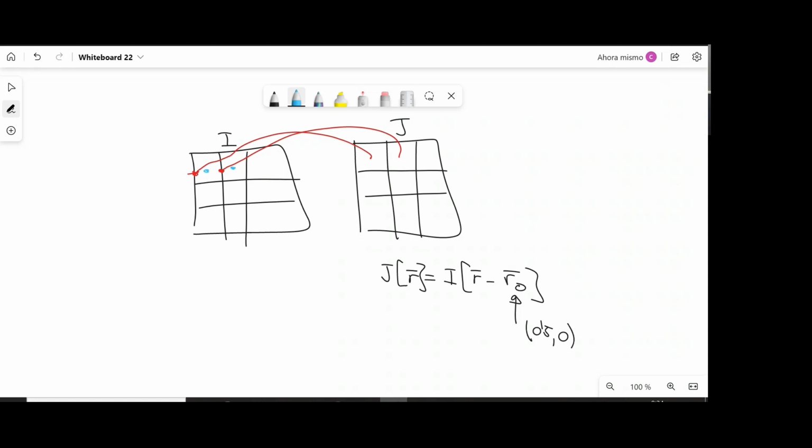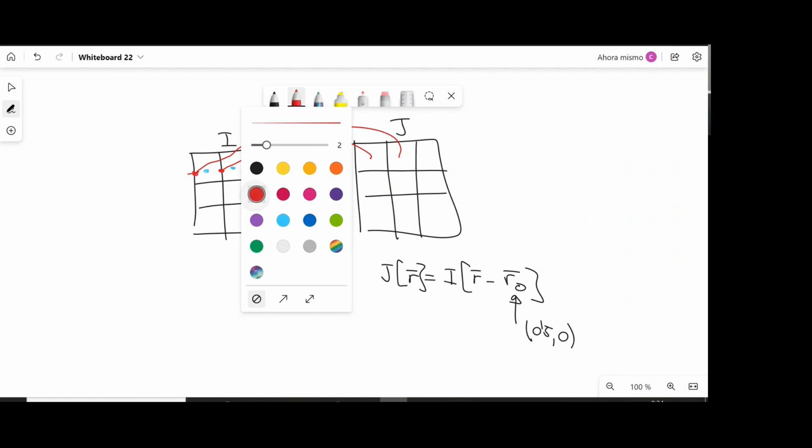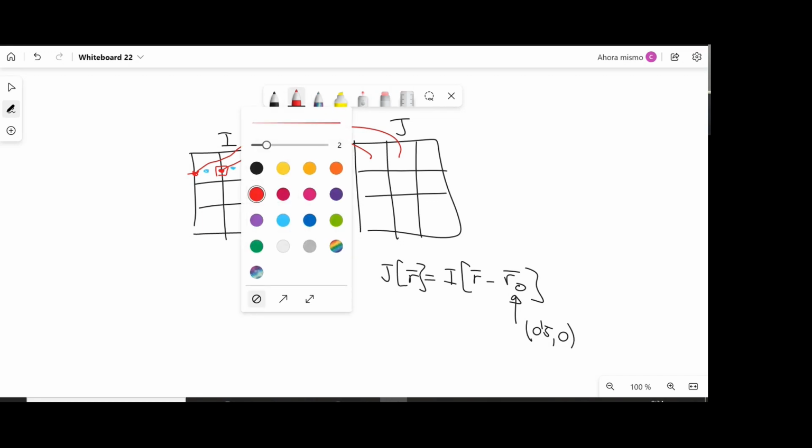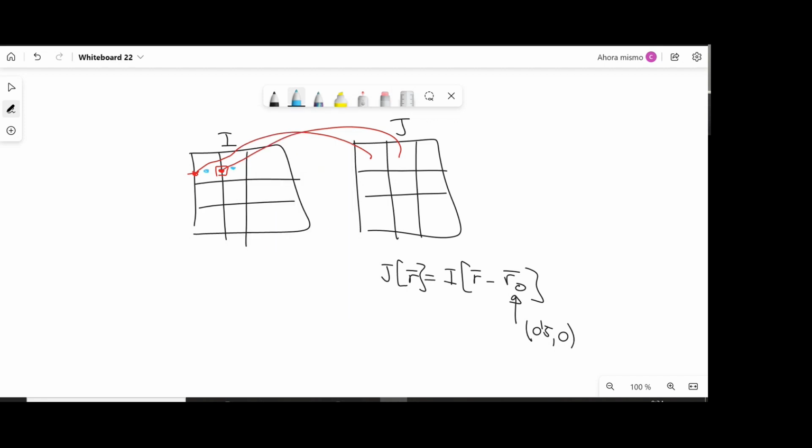So let's say that we are focusing on this one. If it is in the middle between these two blue samples, and let's say that this sample is 10, this is 20, so this one should be somewhere around 15.